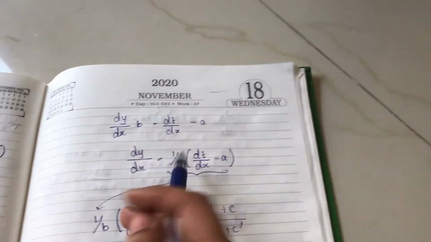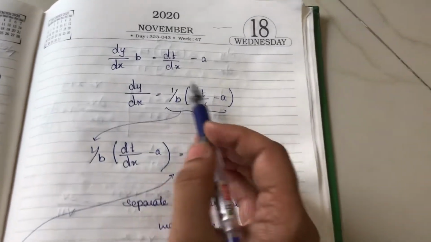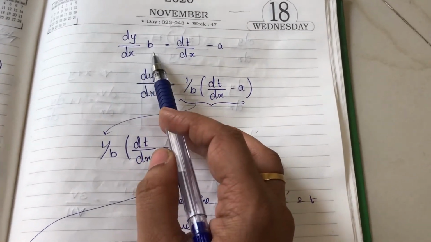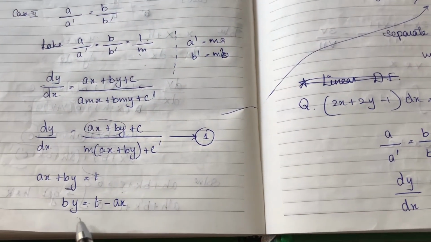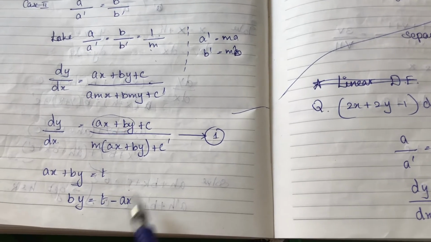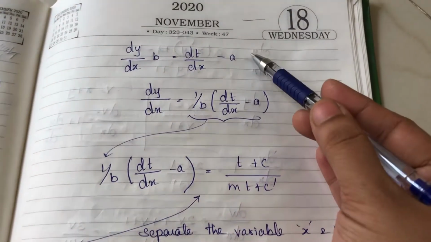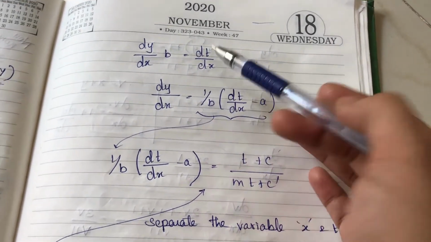After differentiating, dy by dx into b equals dt by dx minus a. This will become 1, so minus a. And dy by dx is 1 by b of this term.